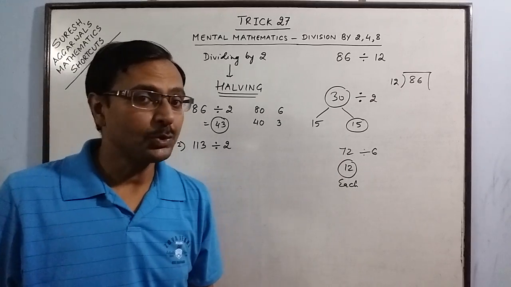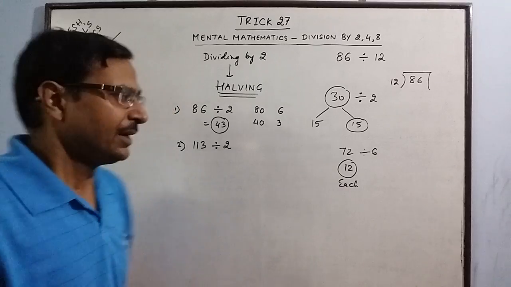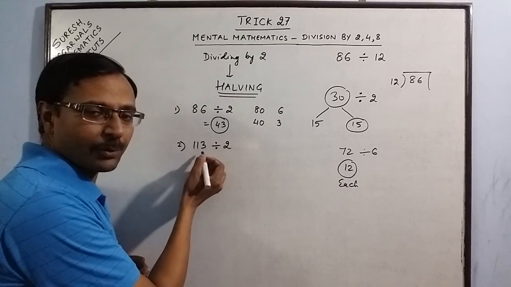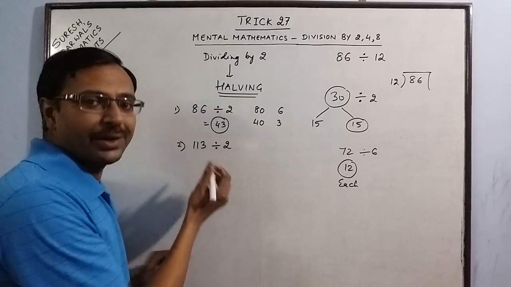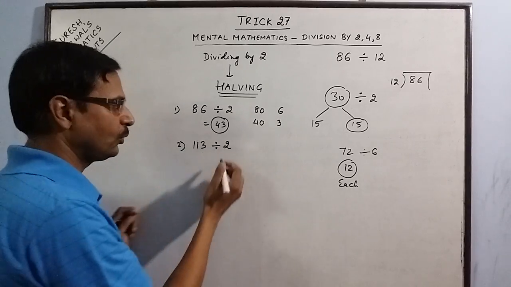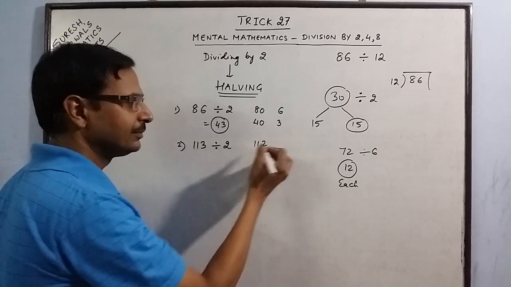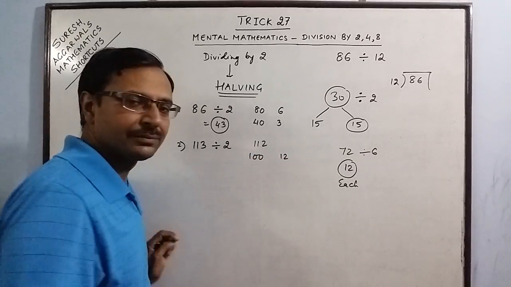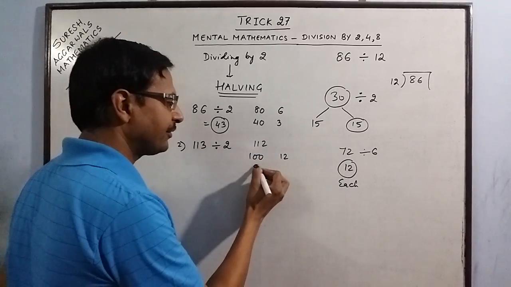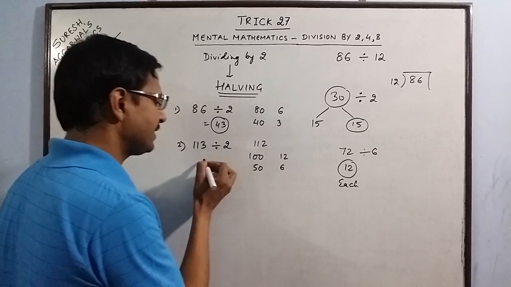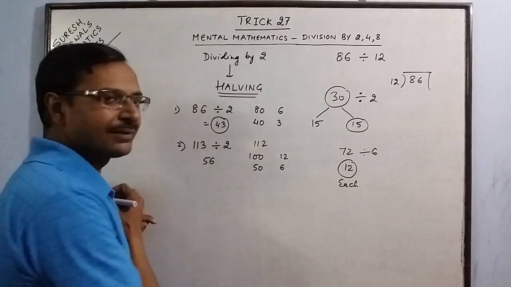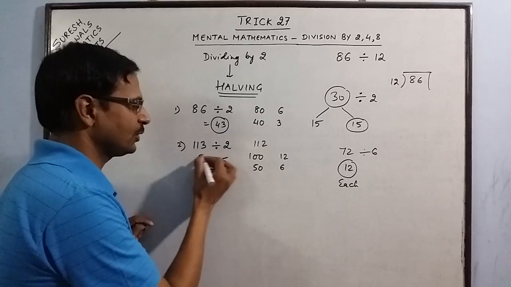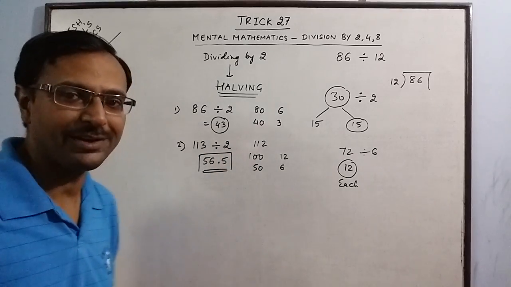So now what you tell the students is, just forget 1 from this number. So reduce this number by 1, we get 112. Call it 100 and 12, half the number 50 and 6, which gives us 56, and just put 0.5 in front of this. So you get the answer as 56.5.